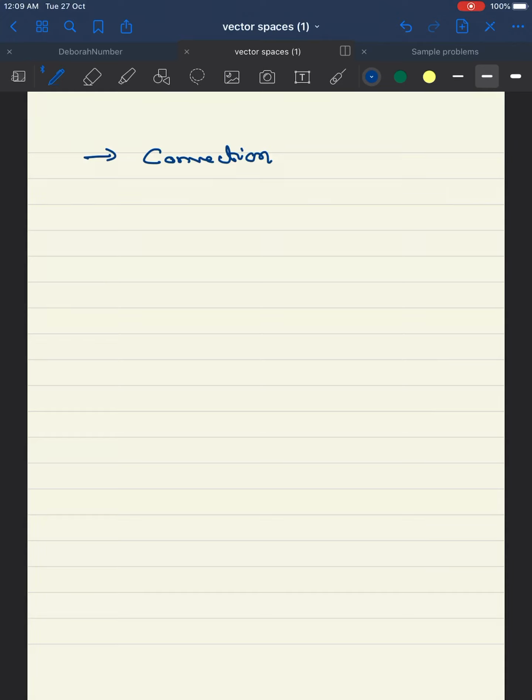But in this particular case, usually for convection, if I had to calculate the rate of heat transfer, then we just calculate it as h into A, again A being the area of the surface, and then T surface minus T fluid. Okay.